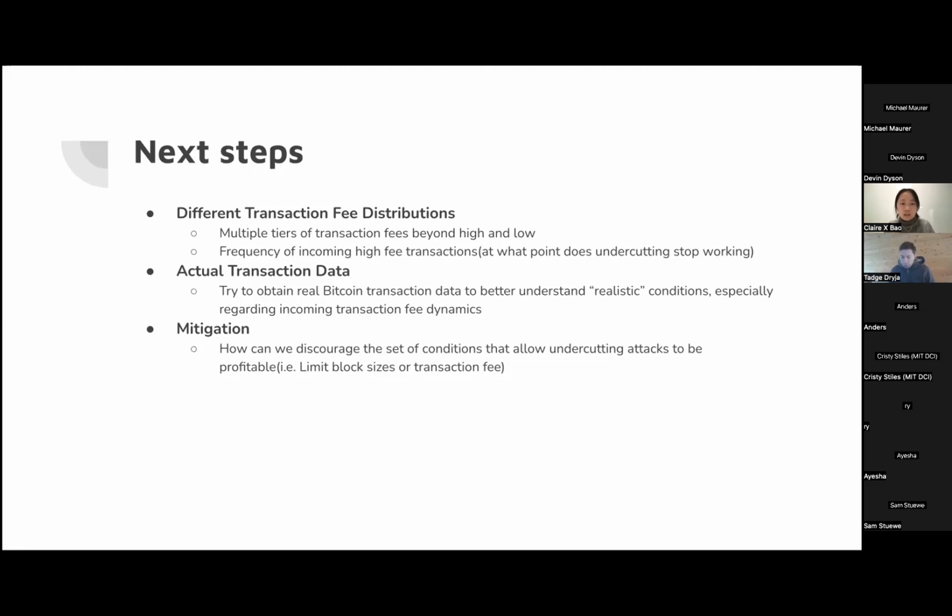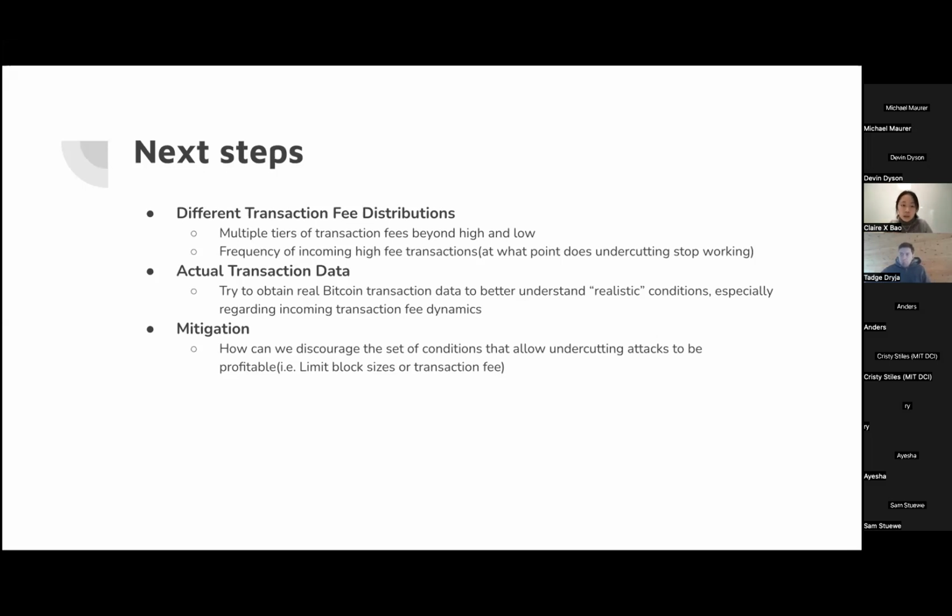The second part we'd like to look at is trying to obtain real Bitcoin transaction data to better understand what conditions, what dynamics, what mining environments are actually realistic in the past, and therefore what do we hypothesize mining environments to look like in the future. This will help us to understand the general feasibility of the environments and strategies that we're modeling in the simulator.